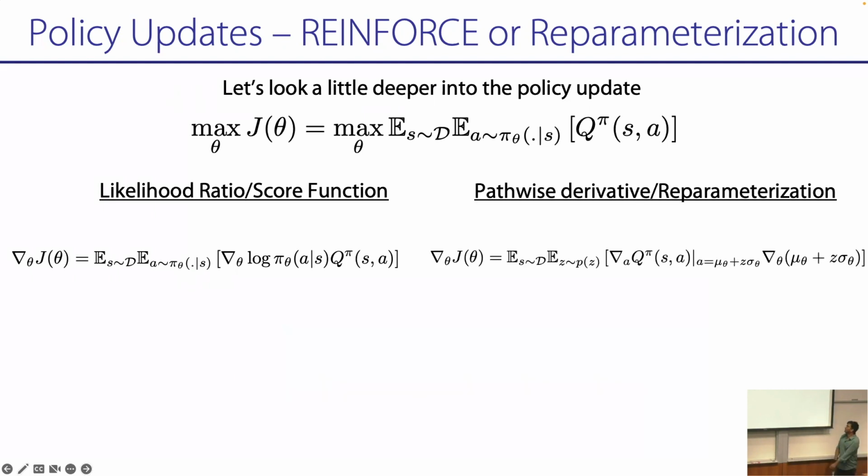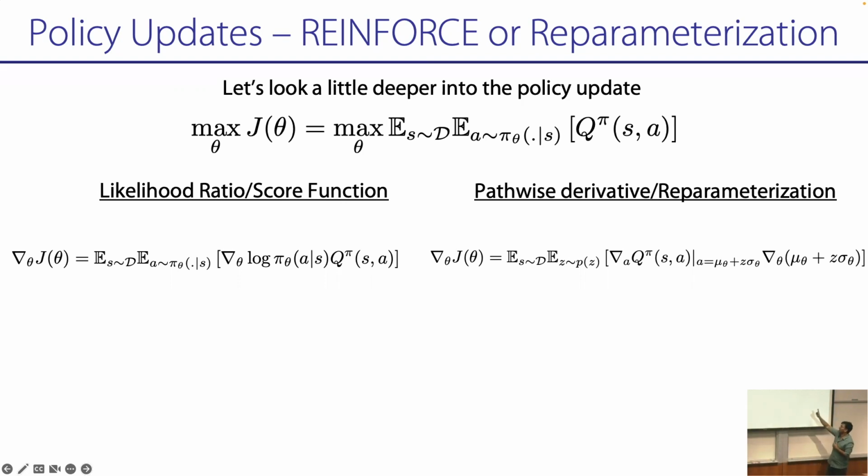Or, as we covered in the discussion section, you can use reparameterization, right? It's difficult to use reparameterization in regular policy gradient, because you don't know the dynamics of the environment, right? But if the Q function is differentiable, which it almost always is, and you can reparameterize your policy, right? By reparameterize, I mean you can take gradients through sampling, right?